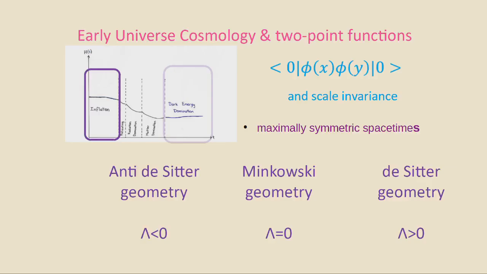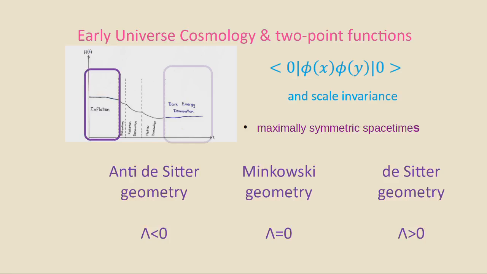Maybe we should sit and do things from scratch for de Sitter, and we can focus on the representations as a clue. So if we think of de Sitter as a member of a bigger family, these are all vacuum solutions, these are all maximally symmetric spacetimes, but the difference is that they all capture different signs of the cosmological constant.